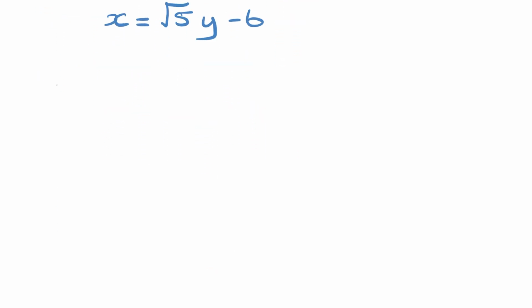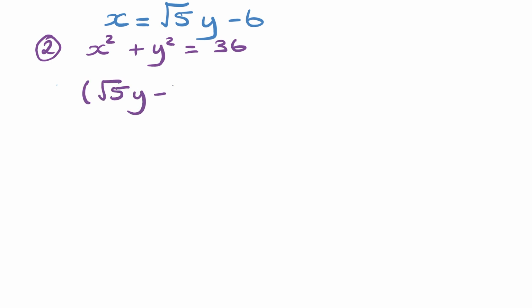And then equation 2, that was x squared plus y squared equals 36. Let's substitute our value of x: root 5y minus 6, squared, plus y squared equals 36. Now we're going to expand these brackets because that's what our squared term means. It means we have to multiply this by itself.